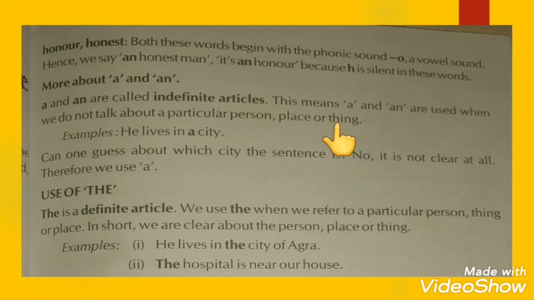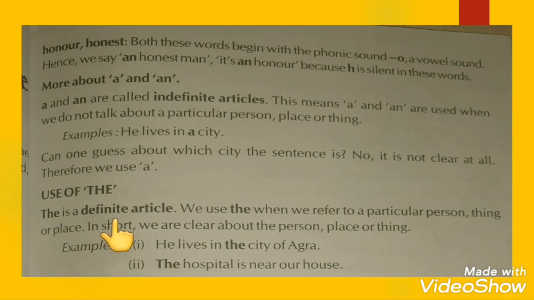We are talking about anything, so the thing is not particular, the person is not particular, or the place is not particular. Example: he lives in a city. अब हमें यहाँ पर नहीं पता है कि वो कौन सी सिटी में रहता है. That's why we use a before city. Can one guess which city the sentence is about? No, it is not clear at all. Therefore, we use a.